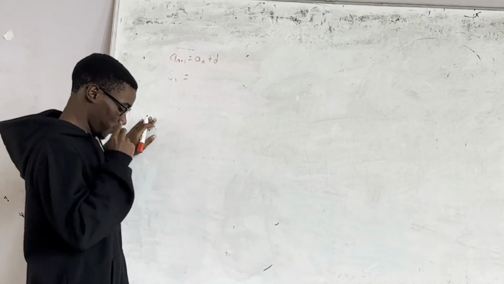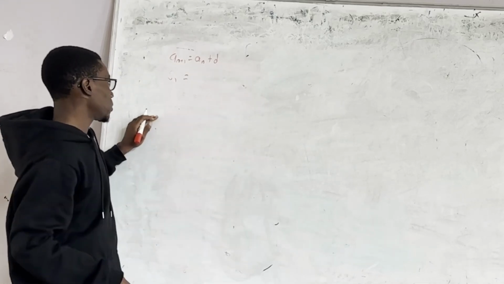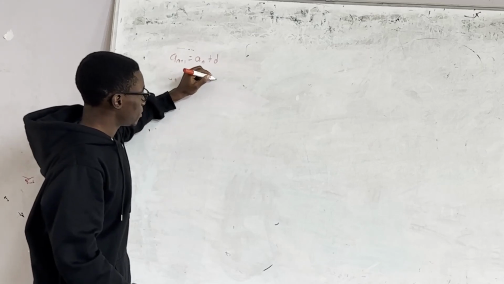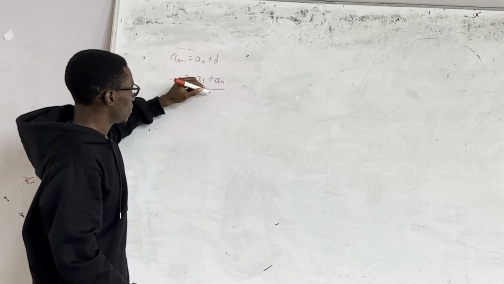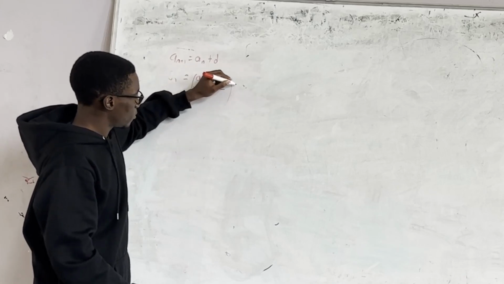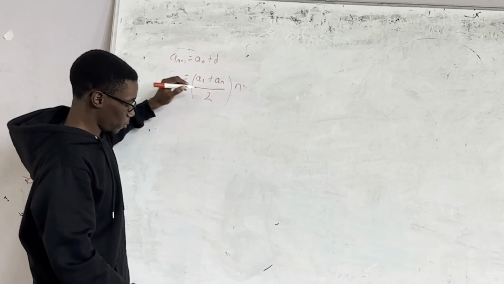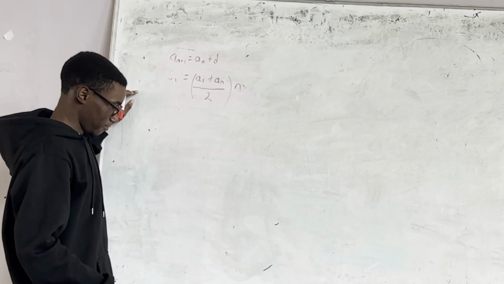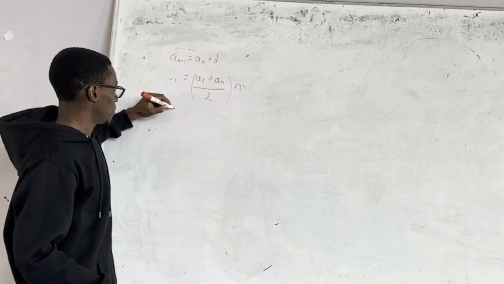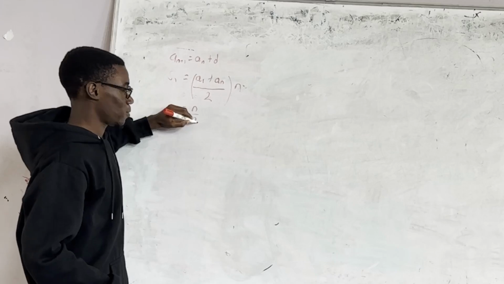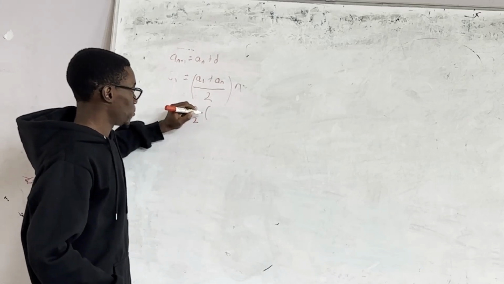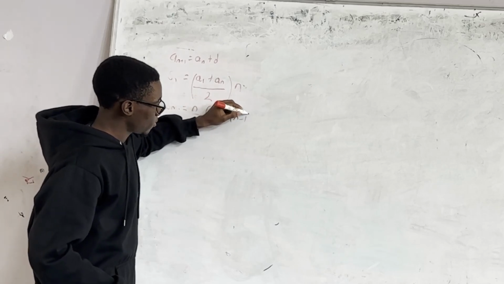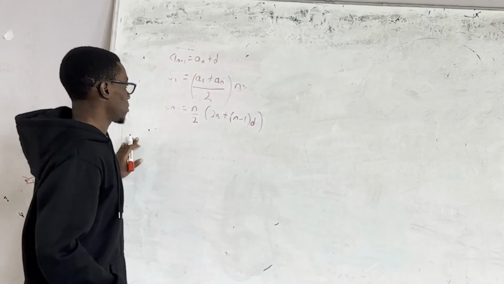Getting the sum of n terms has two formulas. You can either use the first term and the last term, a of n: n over 2 times a plus a of n. The second one is n over 2 times 2a plus n minus 1 times the common difference.